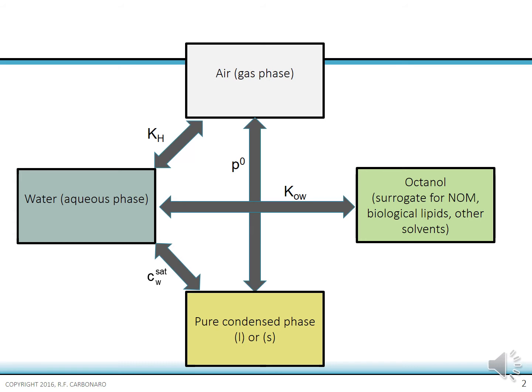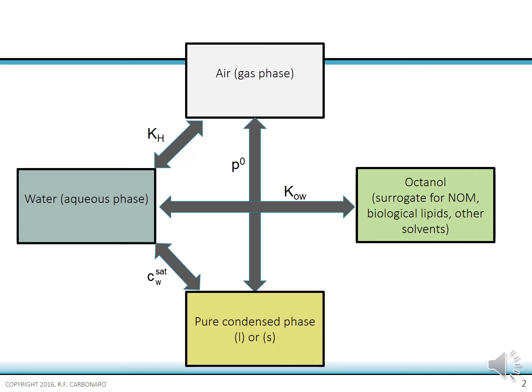So here is our box diagram that we've been going back to time and time again. This should look familiar to you now after having gone through Process Fundamentals 1. We've got the pure liquid or solid phase down at the bottom in yellow, and we have various arrows drawn between that phase and various other phases.